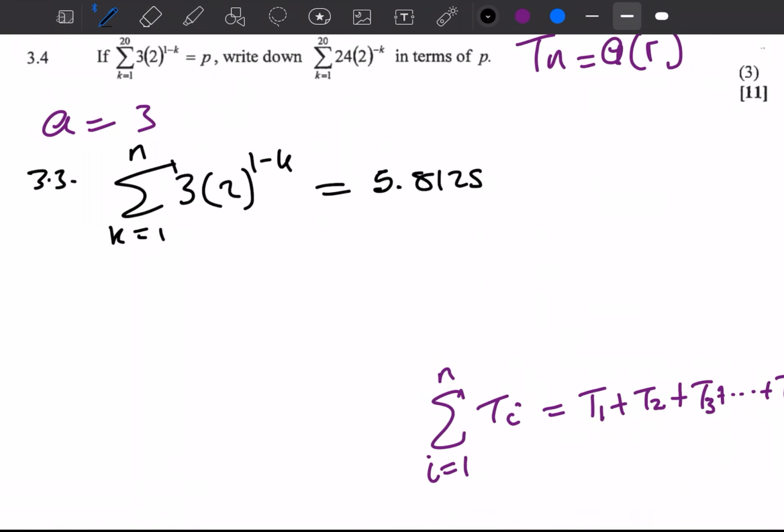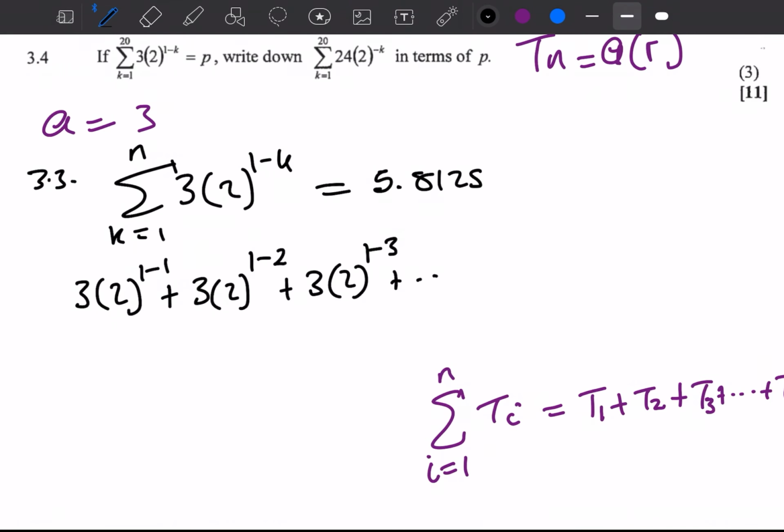So this is going to be 3 times 2 power 1 minus 1, plus 3 times 2 power 1 minus 2, 3 times 2 power 1 minus 3. And this is going to go all the way, because remember this is a pattern.